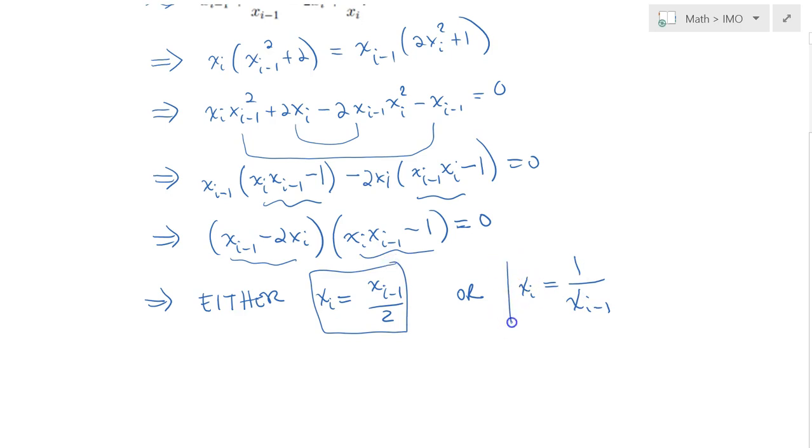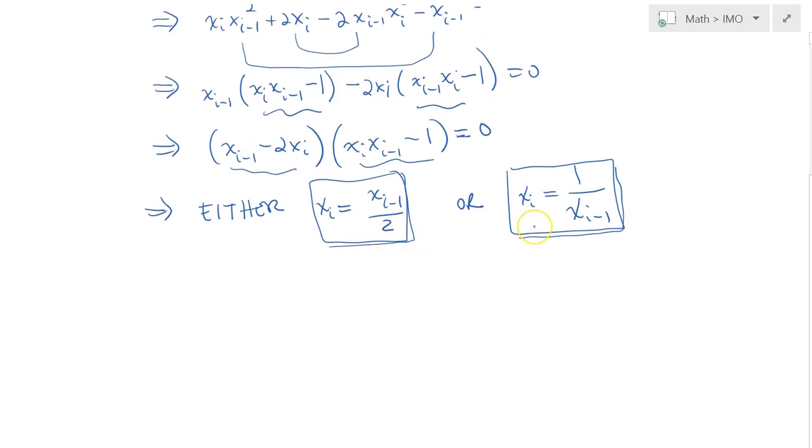So each time we progress from x0 to x1 to x2 and so on, we need to comply with one of these equations, right? So we are bound by one of these relationships.